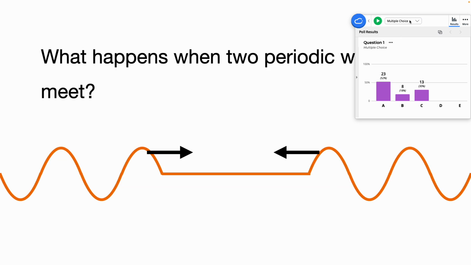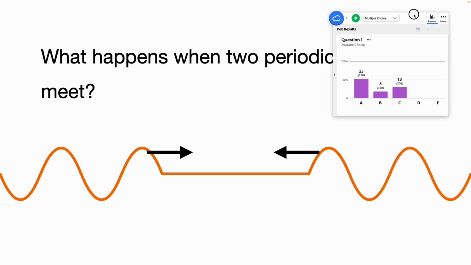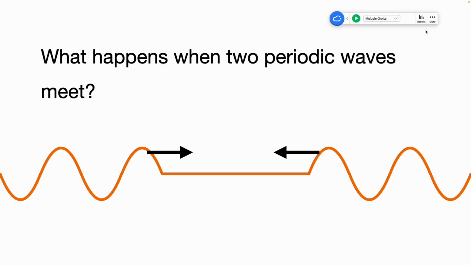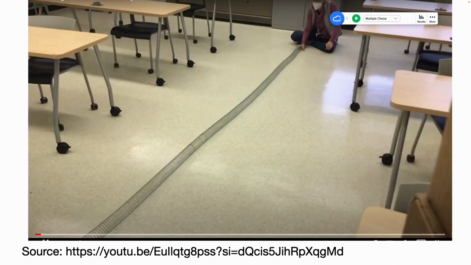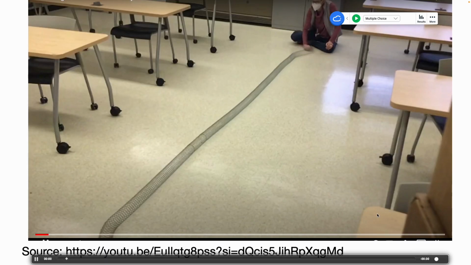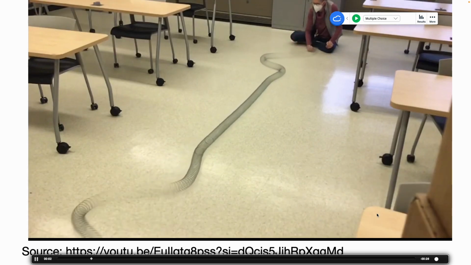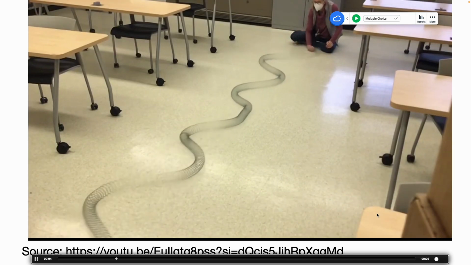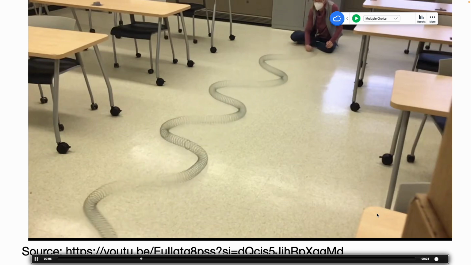Now, there's a cool thing that will happen when you have two periodic waves traveling against each other. What you will see is something called a standing wave. You will see why it's called a standing wave in a short time. These two people are generating periodic waves, and the waves are going into each other.